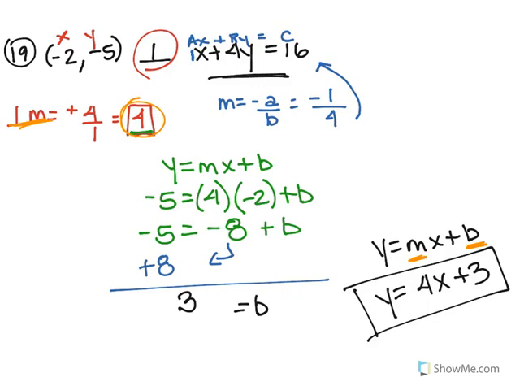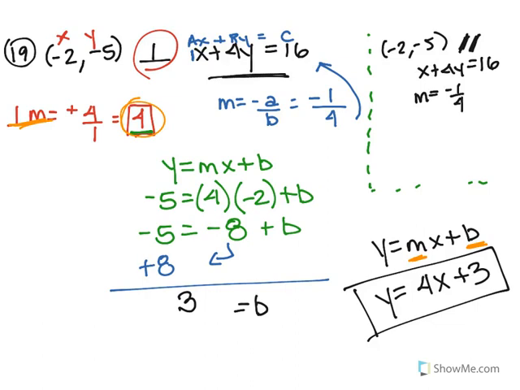I'm not going to work the other one, but if I took that same equation, this is another problem that could be on your test, and I said, let's go through this point, but it's parallel to that exact same equation. Keep in mind, parallel, that's my symbol for parallel, would mean the same slope.